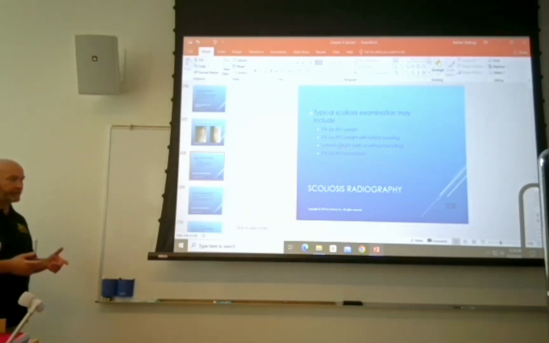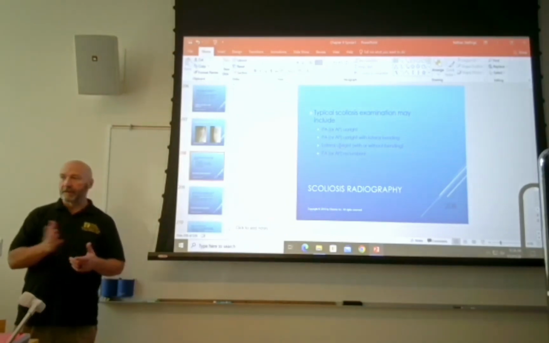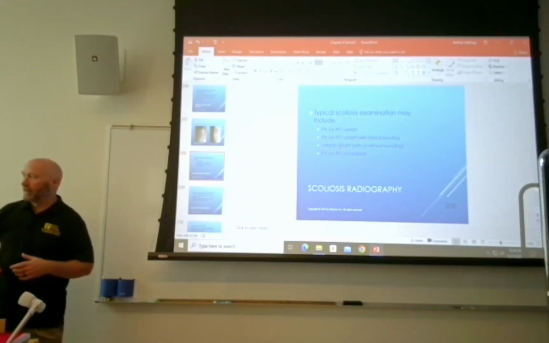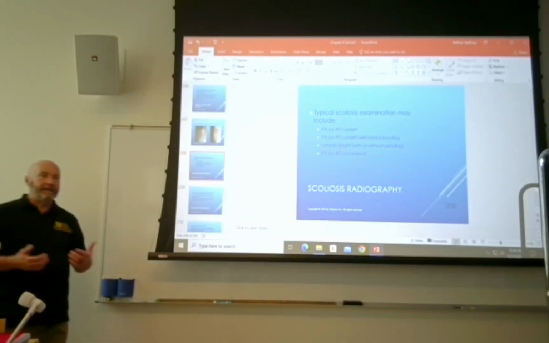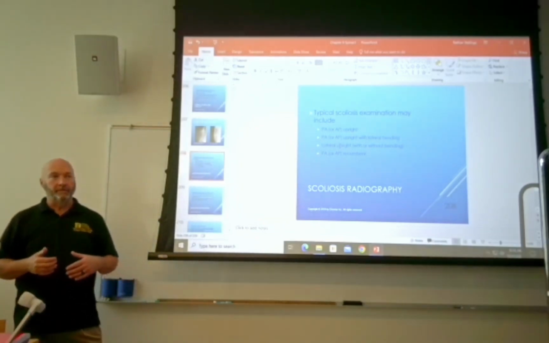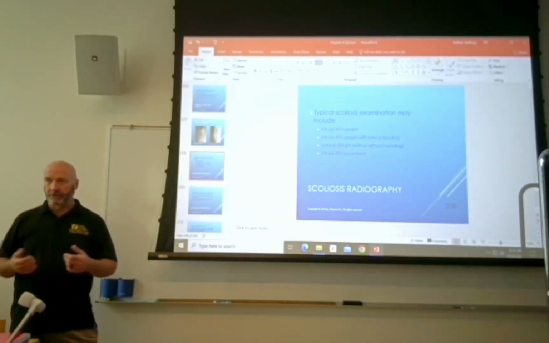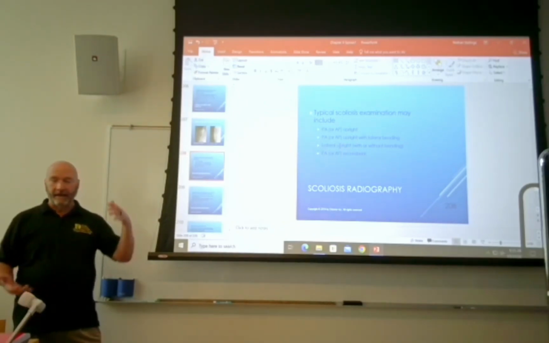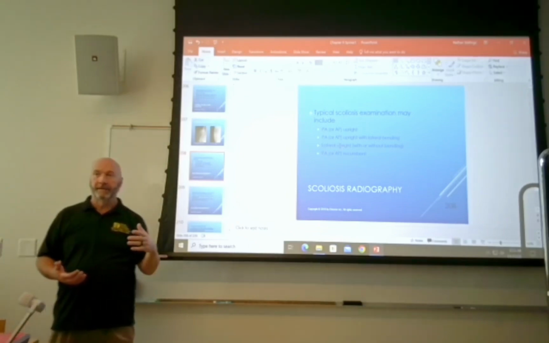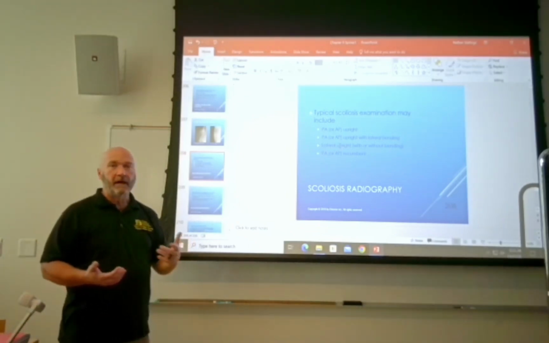What they're going to be measuring on a scoliosis series is the primary and secondary curvature, and see how much of a curve the patient has. So what we need to see is the entire spine. What they might do is one of two things. They may have a single image receptor that's long enough to capture the entire spine. Probably not.